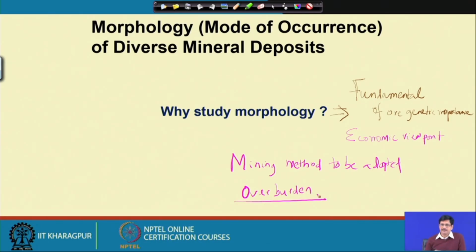Overburden is any amount of material, either weathered rock mass or any later deposition of sediments or soil or any other entity that is associated with the ore, which has to be removed in order to exploit a unit mass of ore from the ore body. So, the amount of overburden to be removed to get a unit mass of the ore is known as the stripping ratio.